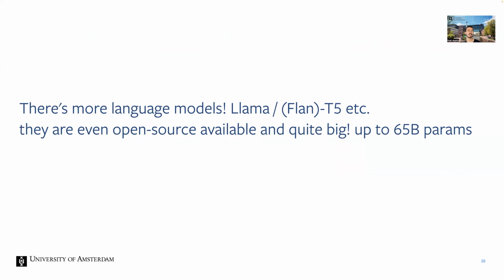I wish to highlight that there's a lot more to language models. There was a lot of work before GPT came out, and there's a lot that's concurrent and works better. For example, the Llama model has been released open source, which is huge for the academic community. Even very, very large models have been released here, so we can use these, and we can even fine-tune these models. How to fine-tune large models, we're going to talk about in the second lecture.